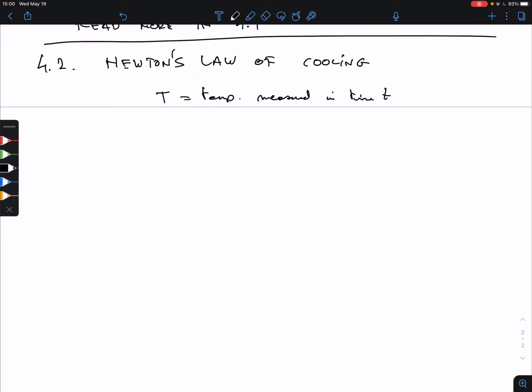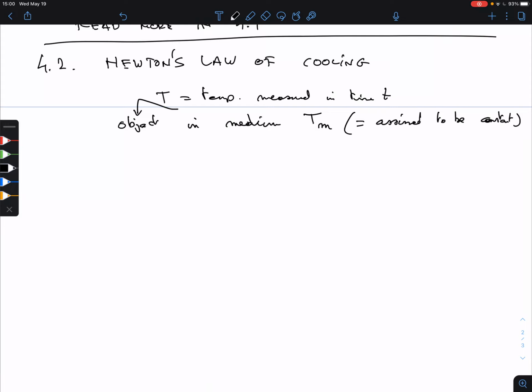So very often we have an object. The temperature that we measure is of that object, and we put it in a medium, and that medium has a certain temperature that I'm going to call Tm, but that is assumed to be constant. In other words, not affected by whatever I put in there.